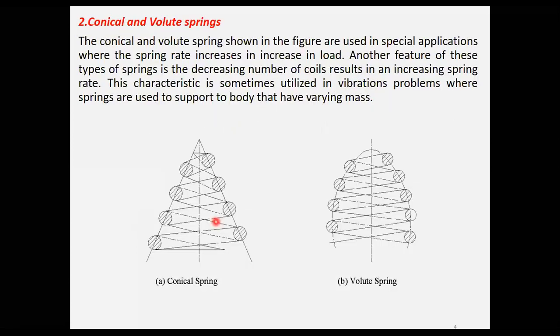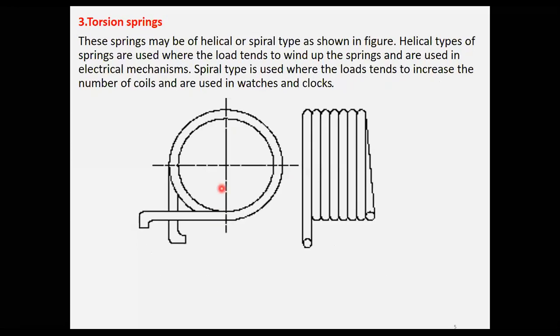Whereas this spiral type torsion spring is used in whatever watch you are wearing, or a wall mount watch. All of those use a spiral torsion spring.